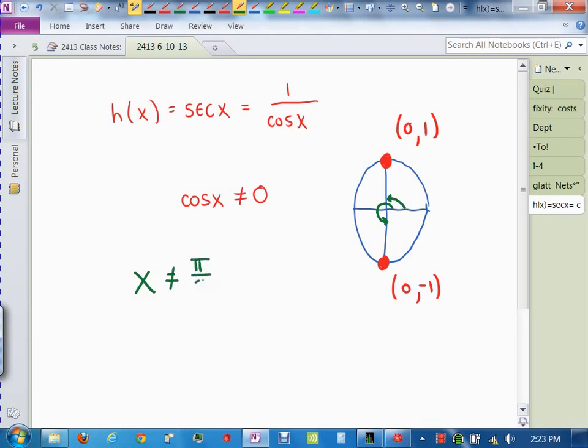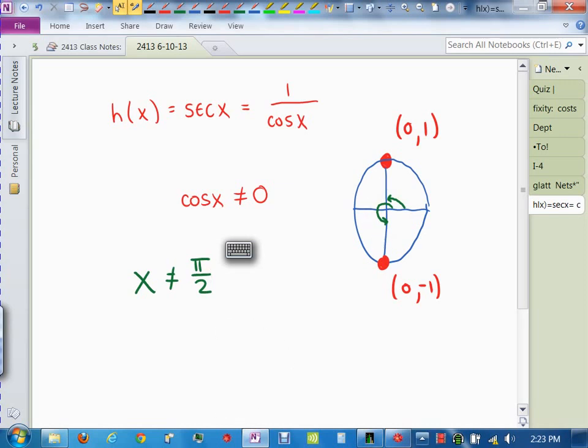Do you agree with that? Because if it's pi over 2, we're pointed straight up, and cosine of that is 0. Now, if I go and I spin around halfway, that's still no good, right? And if I spin around another half, it's still no good.